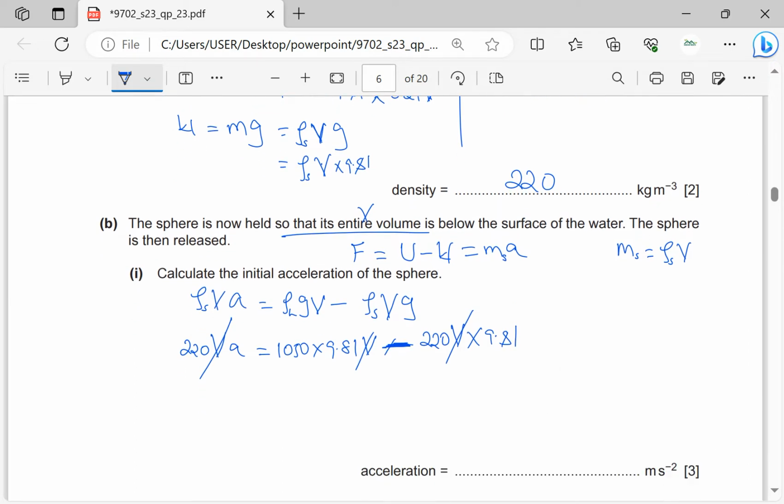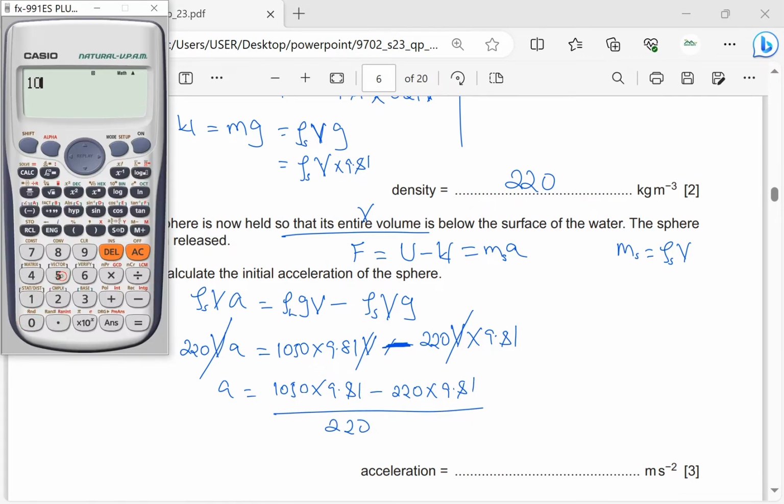So the acceleration is going to be 1050 times 9.81 minus 220 times 9.81, then divide by 220.